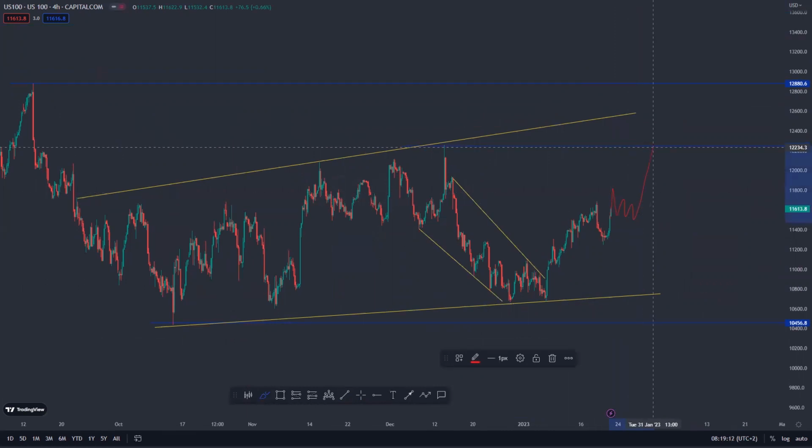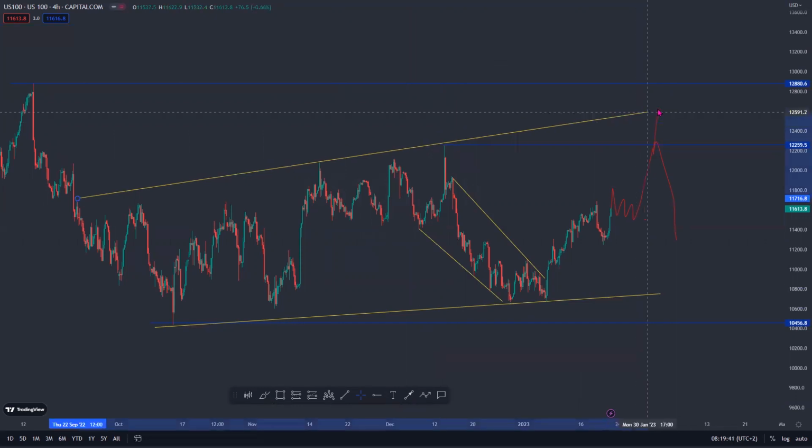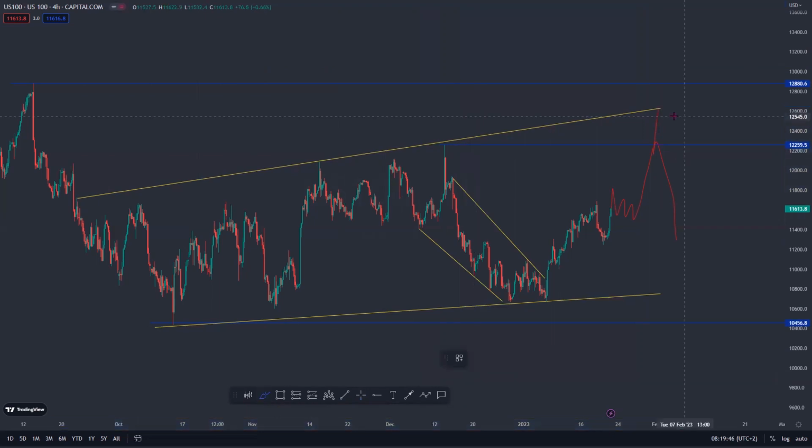So probably what might happen is the market might reject here and give us a double top before pushing to the downside, or the market might push up and reach our trend line and give us a third touch before going to the downside.